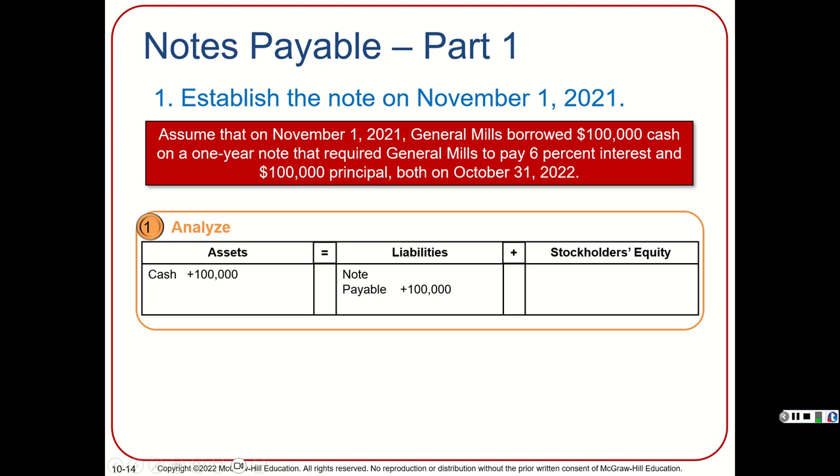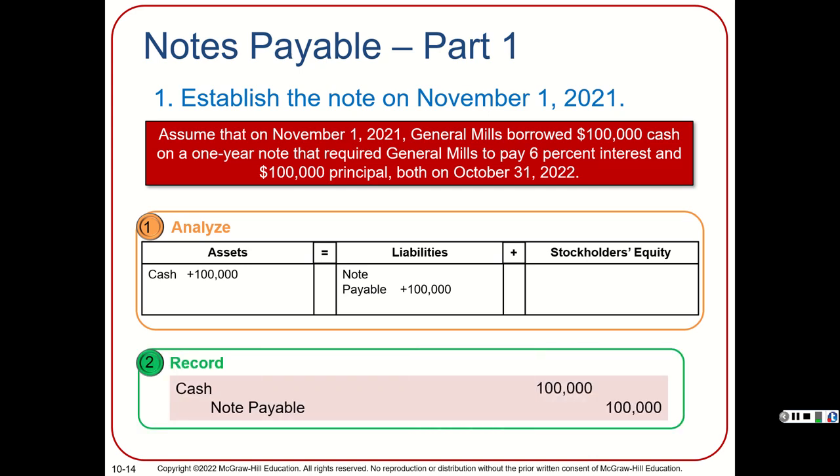We gave the note to the bank, and we signed it, and we understand that next year, after a year, we owe $100,000 plus the 6% interest. But notice here, on the first transaction in a note payable, you're only recording the cash received and the payable. Debiting cash and crediting note payable, both accounts are increasing.